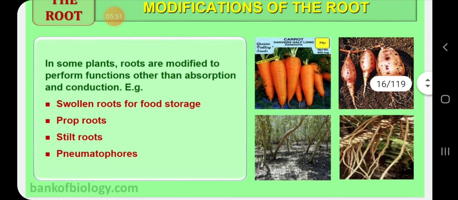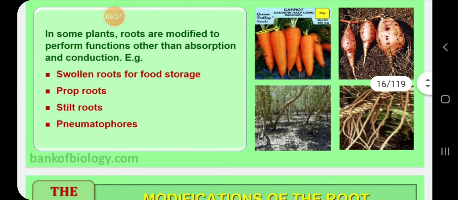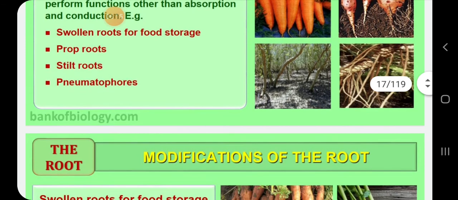Now we will talk about modifications in roots. Some roots are modified to perform different functions. These include swollen roots for food storage, like carrot and radish, prop roots, for example in the banyan tree, stilt roots and pneumatophores.